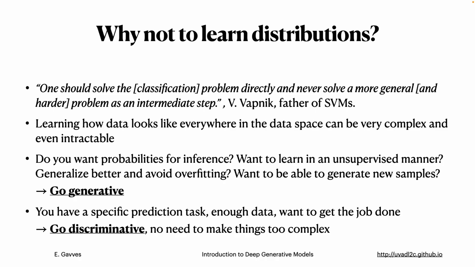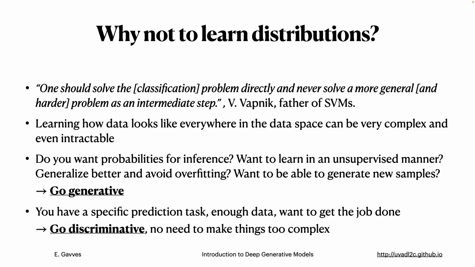So, if you want probabilities for inference, go for it. If you want to learn things in an unsupervised manner, go for it, or maybe not quite, because self-supervised learning, which is the other module, is also a great alternative, in the sense that it's also about representation learning, but without probabilities per se. If you want to generalize better and avoid overfitting, go for it.